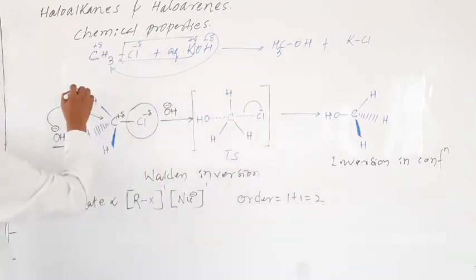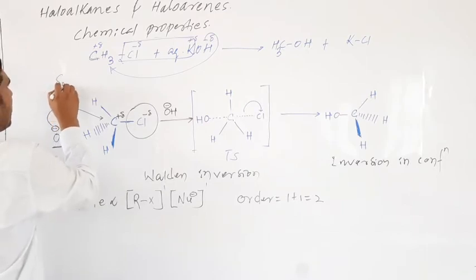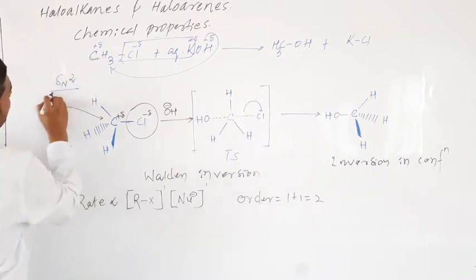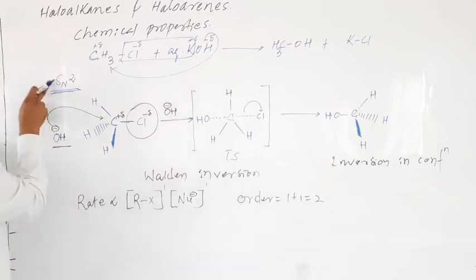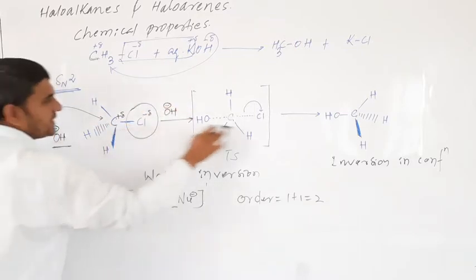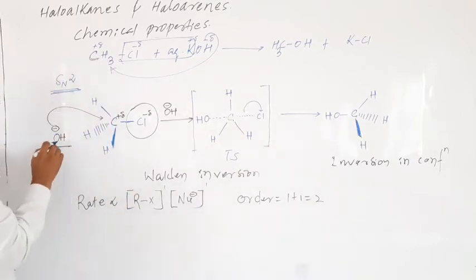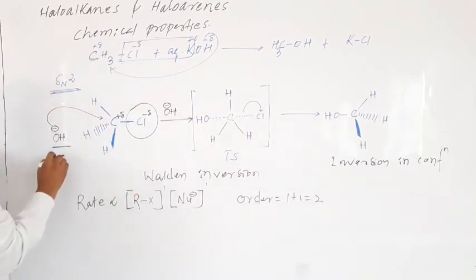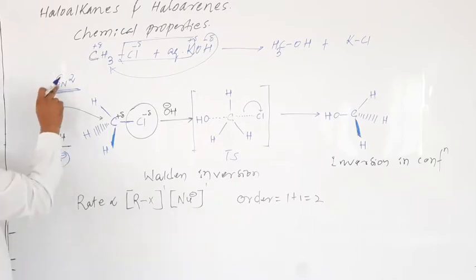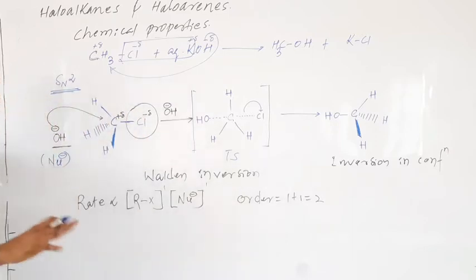That's why this reaction is known as nucleophilic substitution bimolecular, SN2. Understood? Substitution reaction: Cl is replaced by OH. Nucleophilic: OH minus is a nucleophile. Bimolecular means its order is 2.